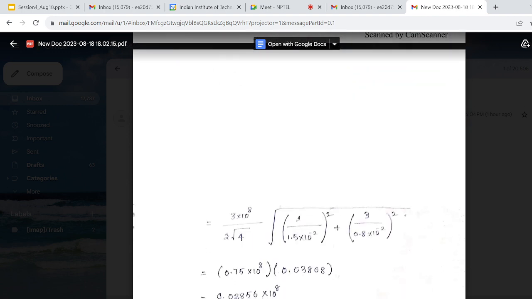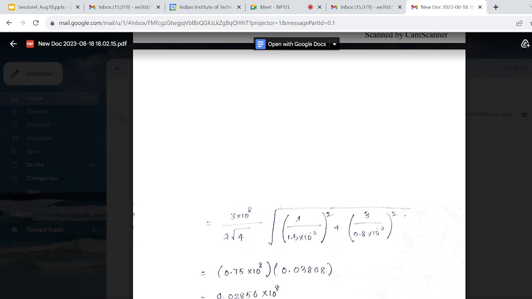I think I have mentioned the answer as 0.28 gigahertz, but you said 28.5 gigahertz? I was going through the original lecture recording because I also had a doubt whether I said that.